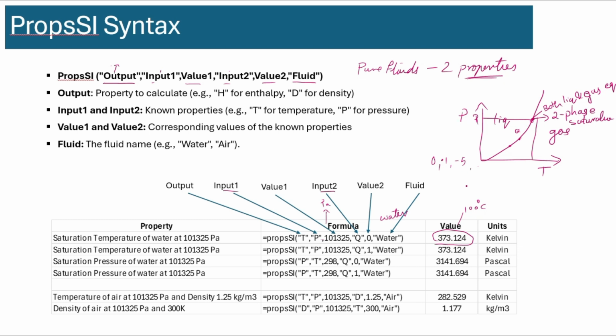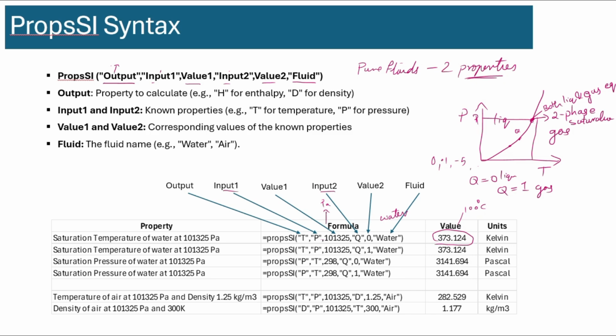And by quality, what I mean is the amount of liquid versus the amount of vapor in that mixture at that saturation point. If there is all liquid, then the quality is 0. If there is all gas, then the quality is 1, or fully vapor. So it could take any value from 0 to 1.